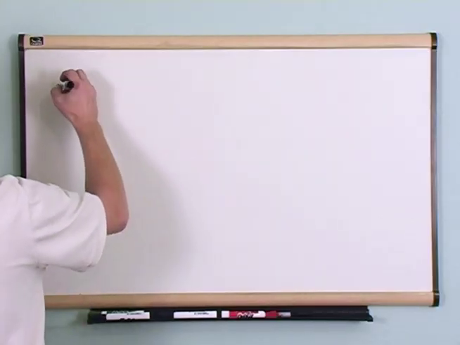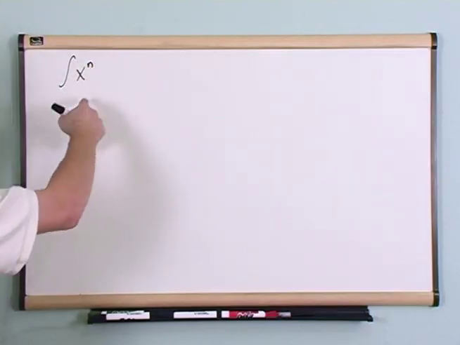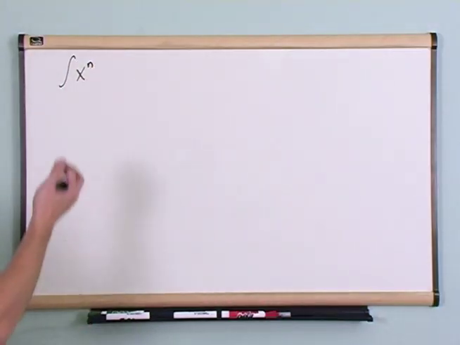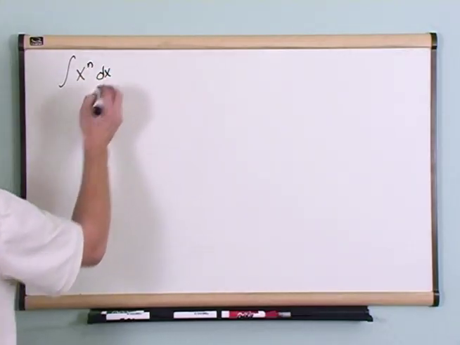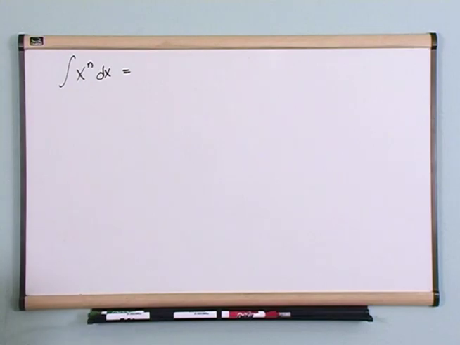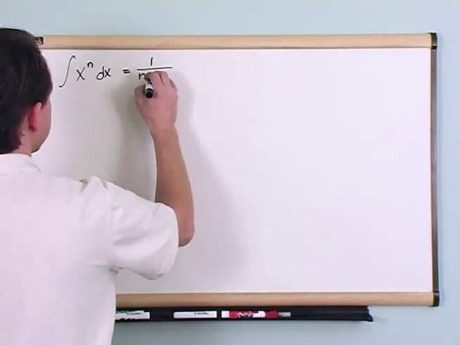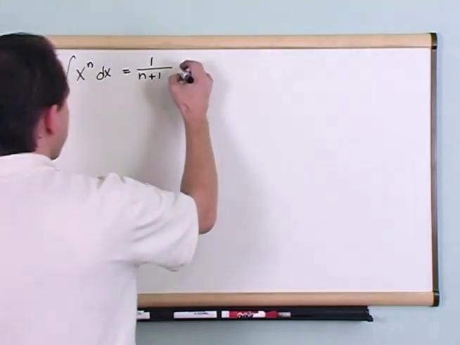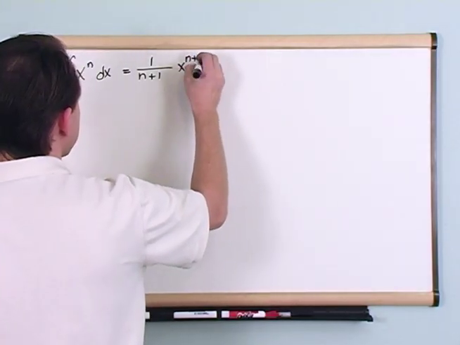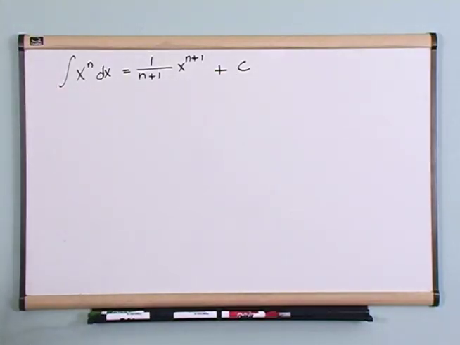In general, if you have the integral of x raised to the power of n, where this could be x cubed, x to the fifth, x to the sixth, integrated over dx, the answer, this is the mechanical means in which you will take integrals, is 1 over n plus 1 times x to the n plus 1, plus, of course, a constant, which we always have to write down. Don't forget that.